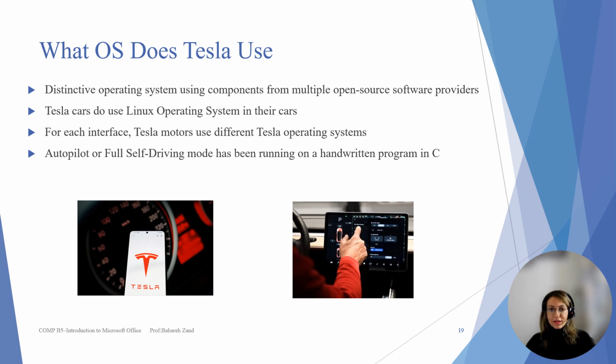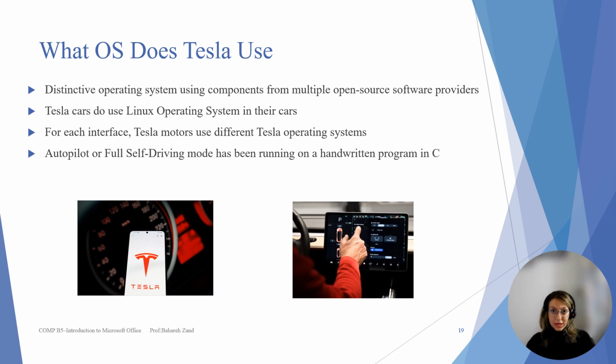Now that we learned a lot about different operating systems, let's talk about a real example in the real world. Imagine Tesla cars. They of course need an operating system for their cars and their computers. The main operating system that they are using is Linux. However, each interface has a different operating system.